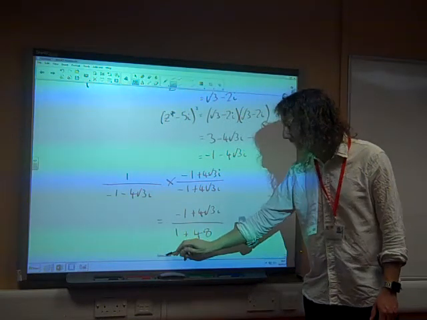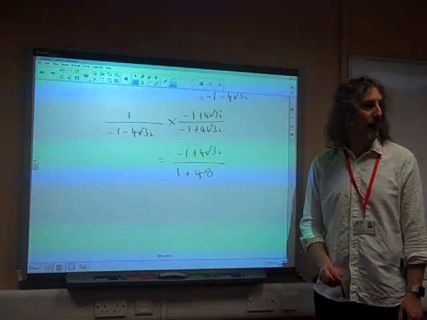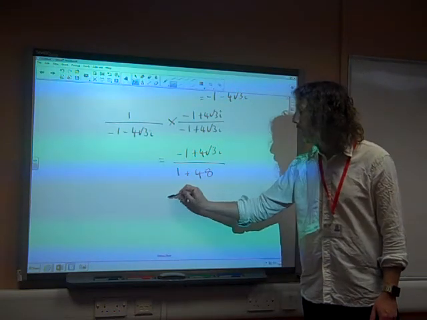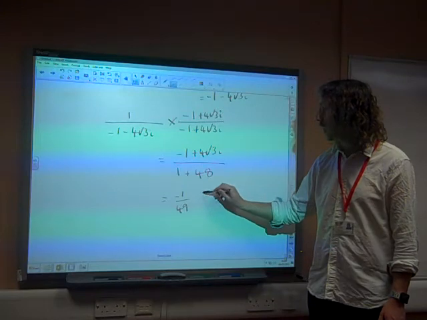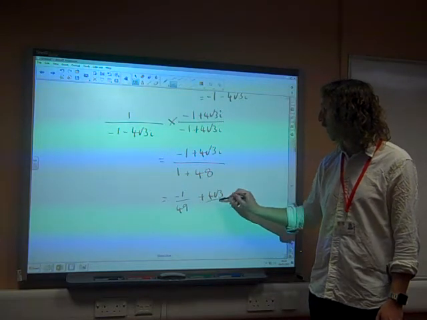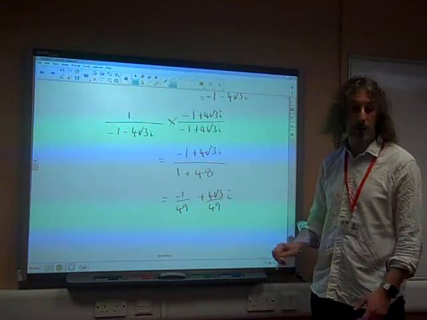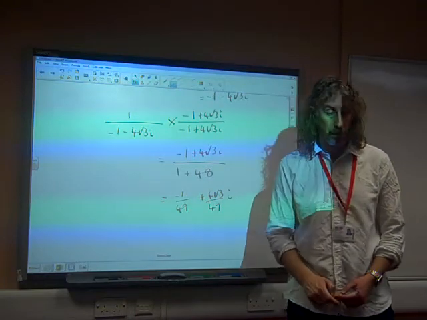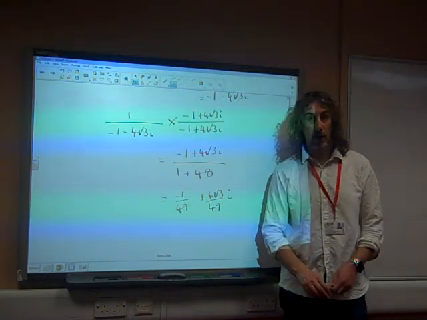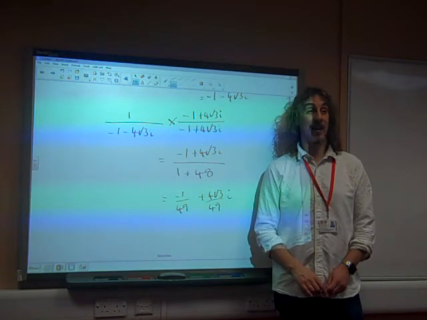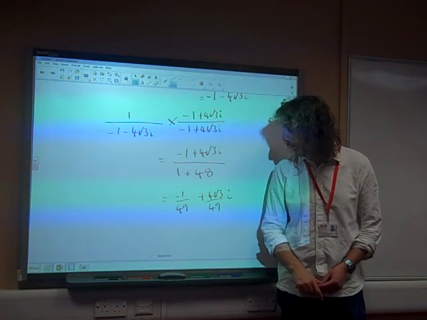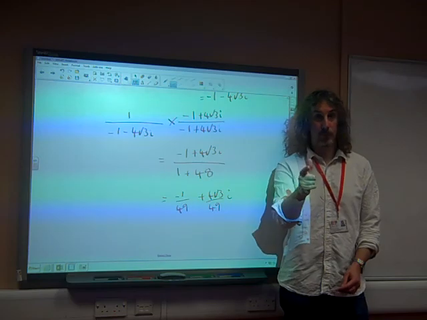And the question said, in the form x plus iy. So that's minus 1 over 49 plus 4 root 3 over 49 i. And it doesn't give you that warm feeling inside that you've got an obviously right answer, because that's pretty horrific to look at as an answer, but that is what the answer was. So there you go. Maths.